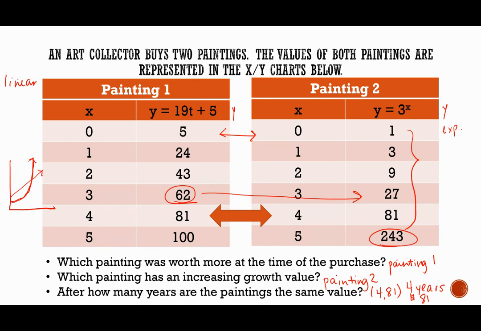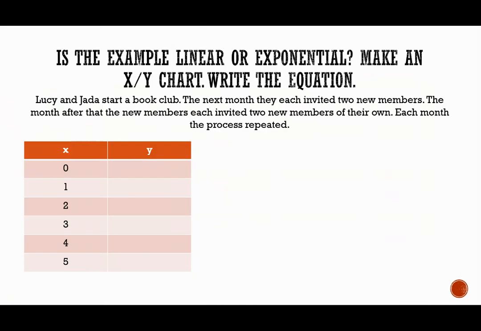And this point here on the graph would be the ordered pair for 4, 81. Okay? Now might be a good time for you to stop this PowerPoint if you are feeling a little bit overwhelmed with information and you want to just hit pause. This would be a good point to do that, because I'm going to keep going.